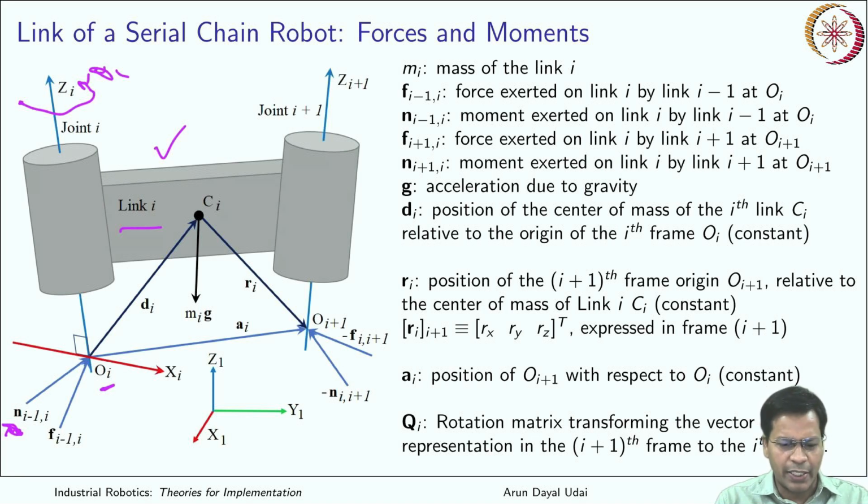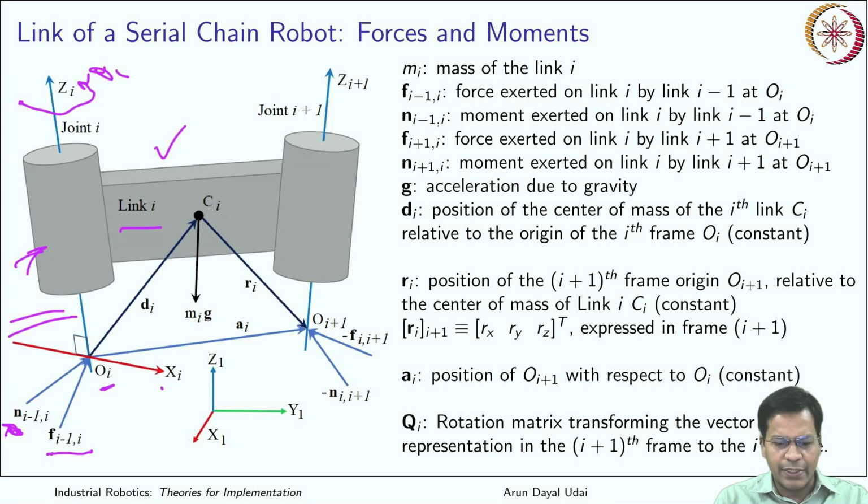It comes at this end of the link from the link which is attached before it. Then this is your force F(i-1,i). This was N(i-1,i). It is the moment acted upon by the (i-1)th link on the ith link. That is what is meant by this.